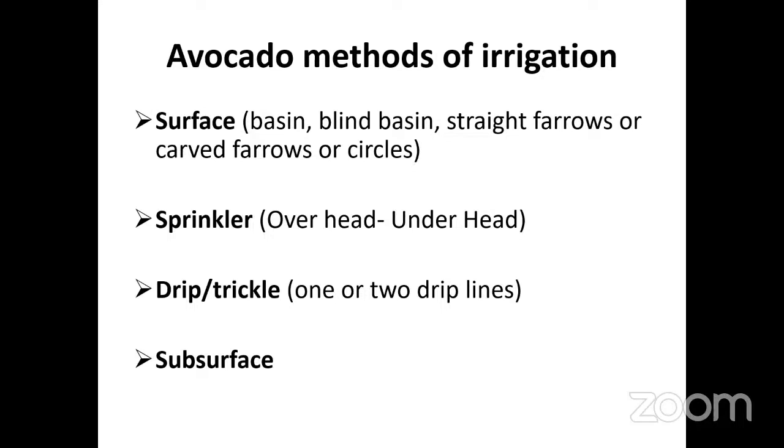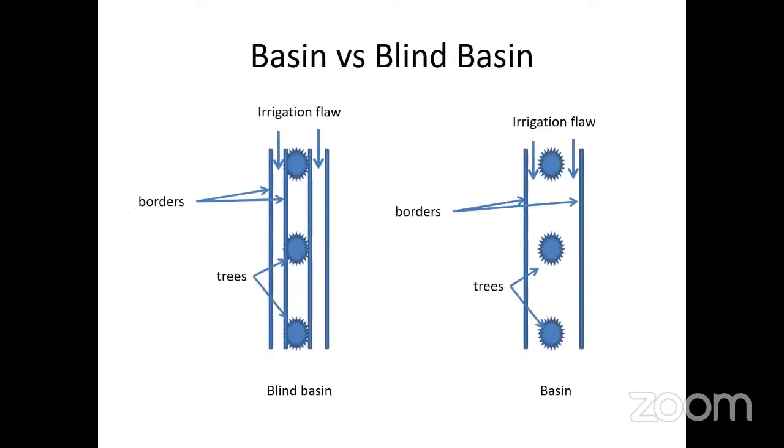And there is the drip irrigation system, which can be through single or double lines or different shapes that we will see through this presentation. And of course, there is the subsurface irrigation system, which is not much advisable and is not very common in the irrigation of avocado and fruit trees in general.